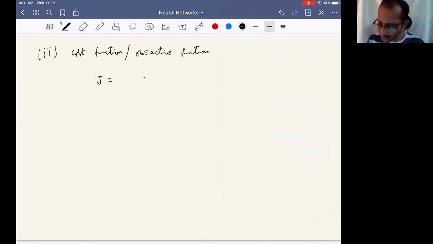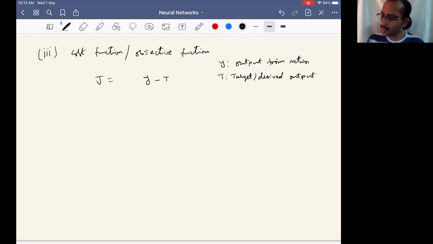Yeah. So if we consider Y is the label, and the output is the targeted output T. T is the target output, the desired one. And Y is what? Output from the network, F for given weights.